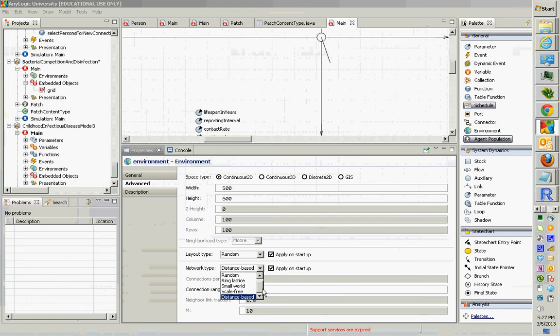So if you choose ring lattice here in the network type, what it's going to be doing is imposing a ring structure on the population.